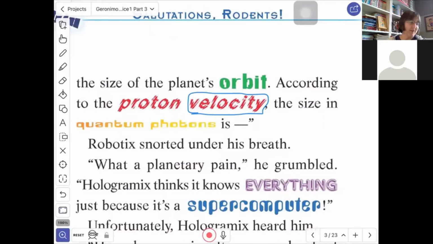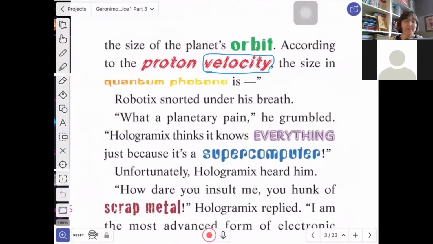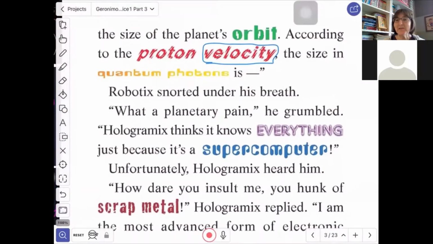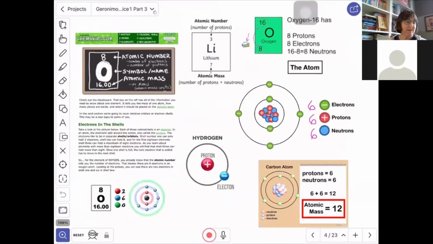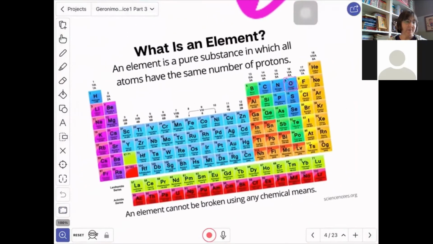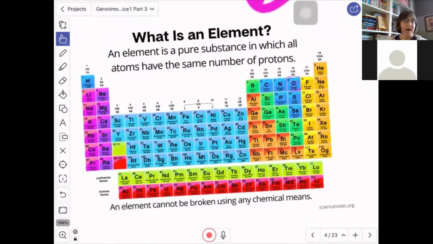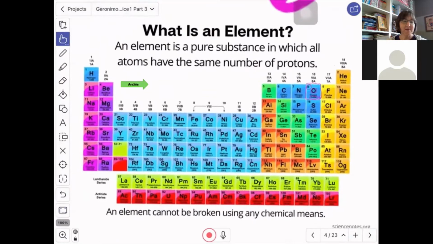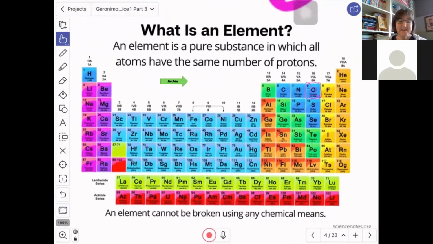I don't know very much about atoms actually, but I know just what we saw in that video. When I showed you this periodic table, I know that each of those squares is an element.